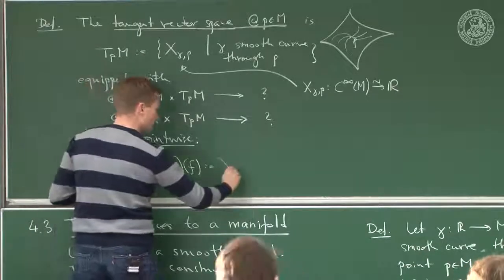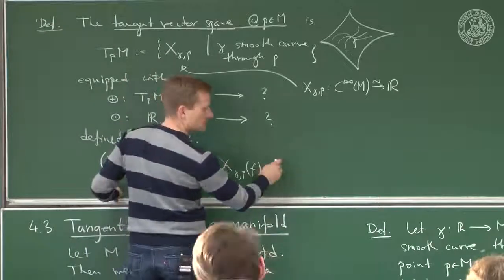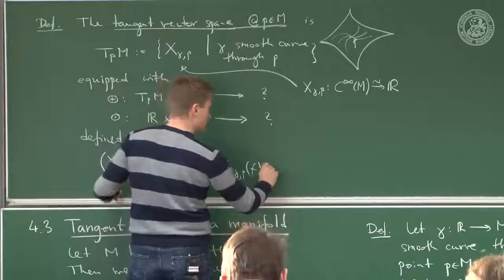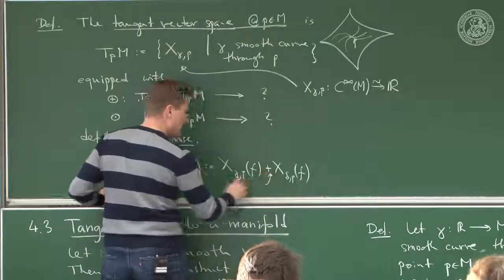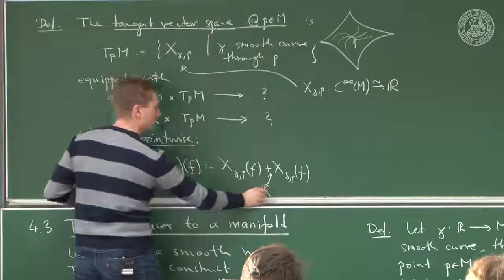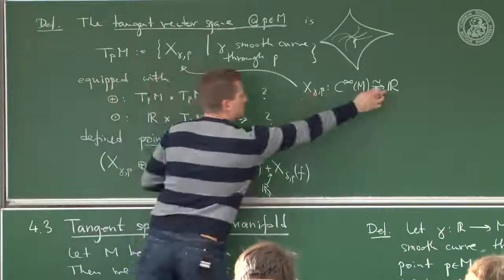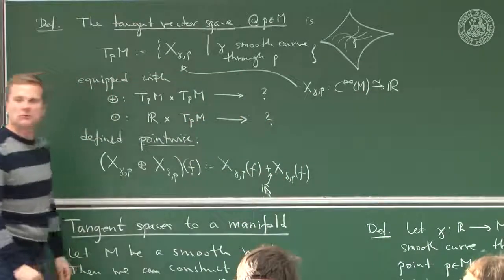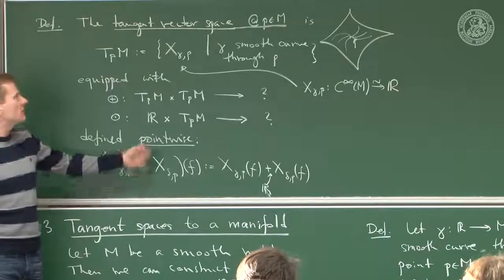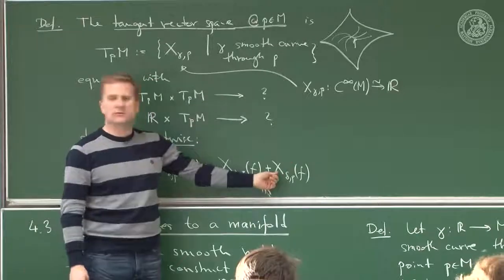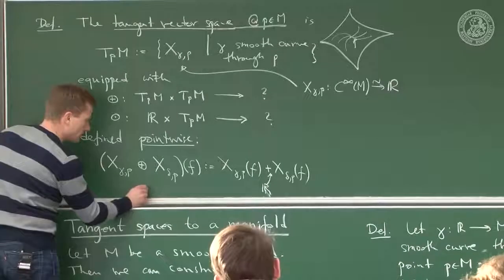Well, this is supposed to be x gamma comma p applied to f, plus x delta p applied to f, and this plus is just the plus in the real numbers, because the x gamma p sends you there and the x delta p too. So it's no problem to define the addition of vectors because it maps into the real numbers, and on the real numbers you know an addition. That's very straightforward, and I'm not going to write it down.